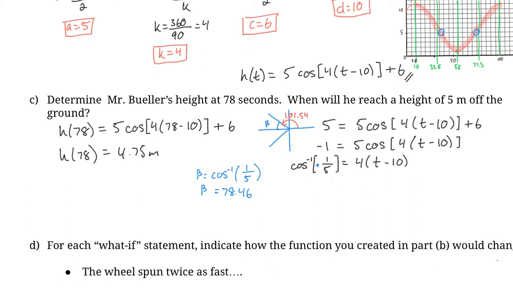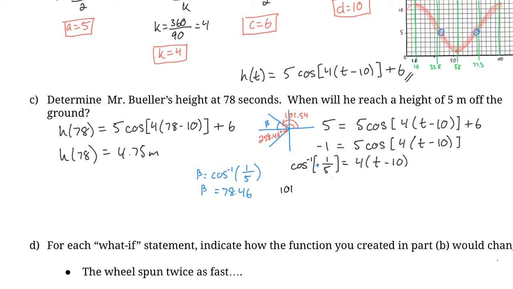And then to find the second standard angle, you would do 180 plus 78.46, and you would get an angle of 258.46. So those are the two angles that you're going to work with. We're going to do this twice, and we're going to use both angles.